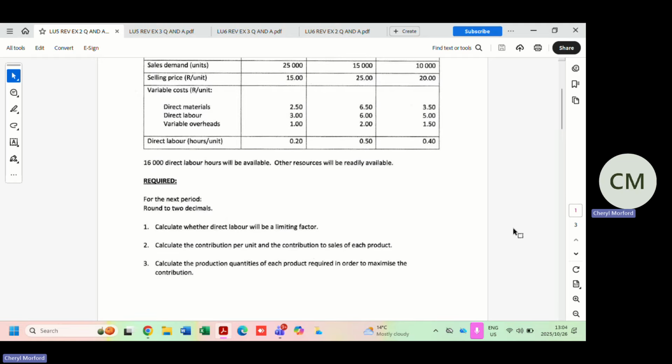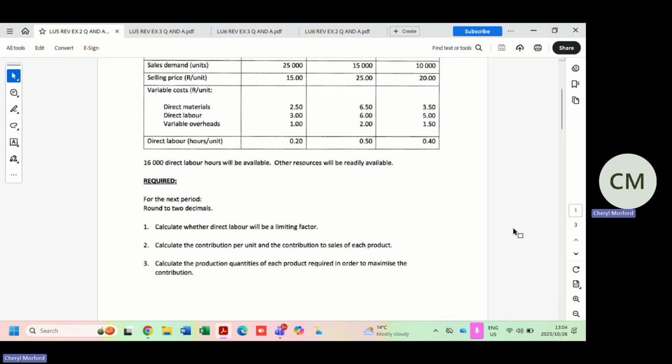So just a recap, if you have 2 or more limiting factors, the method you use will be linear programming, as in learning unit 4. If, however, you only determine 1 limiting factor, then you will do the contribution margin per limiting factor, as I'm about to show you now. Okay. Because that would be a relevant cost.